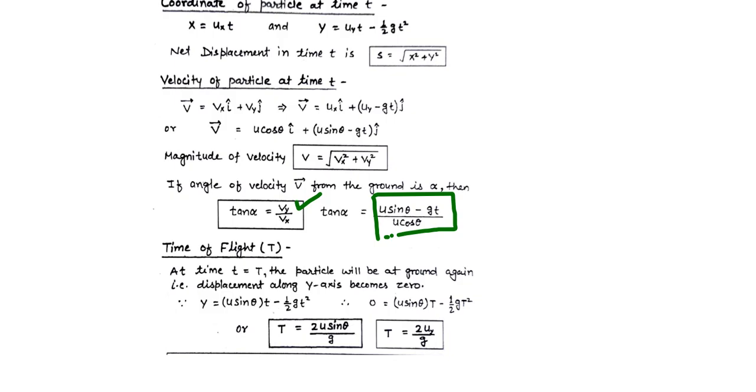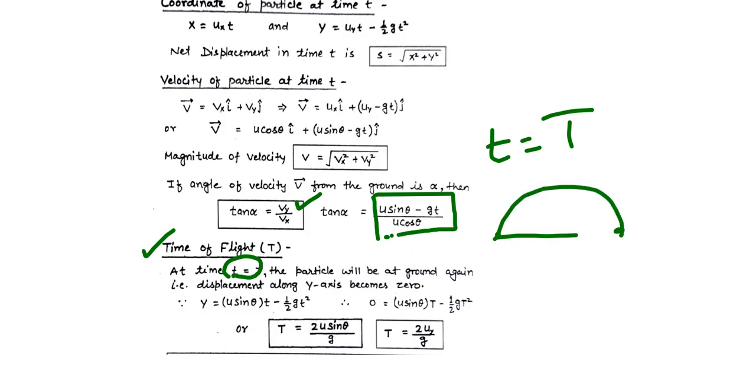Hope that makes sense. Now let's consider the time of flight. We take the time as t, from the departure time to the arrival time. What is the displacement along the y-axis? We consider it as 0.